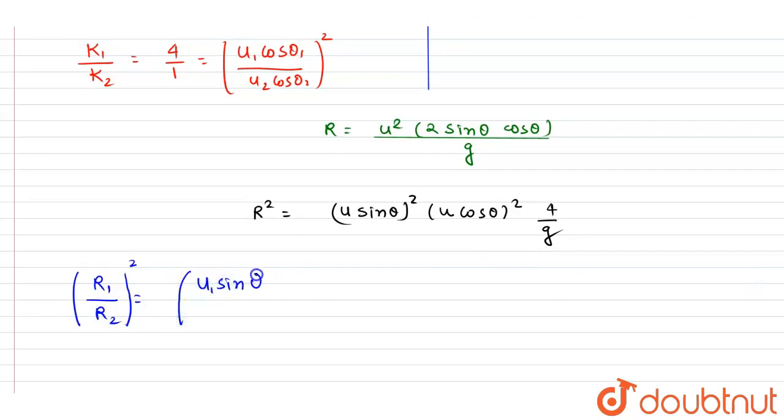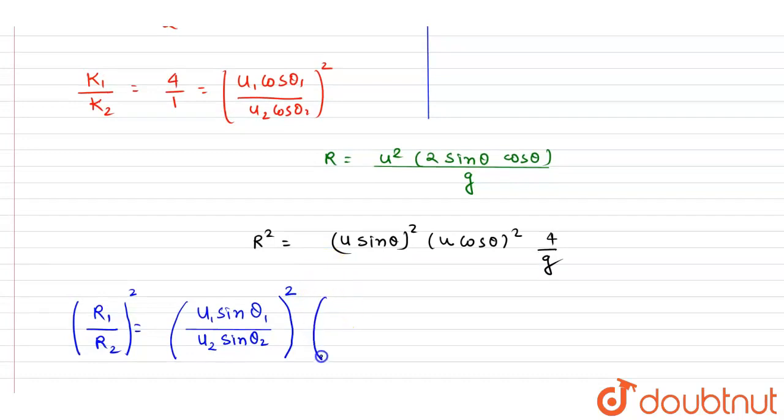So it will be u1 sine theta 1 by u2 sine theta 2 whole square into u1 cos theta 1 by u2 cos theta 2 whole square. Now we know already this, we wrote what?